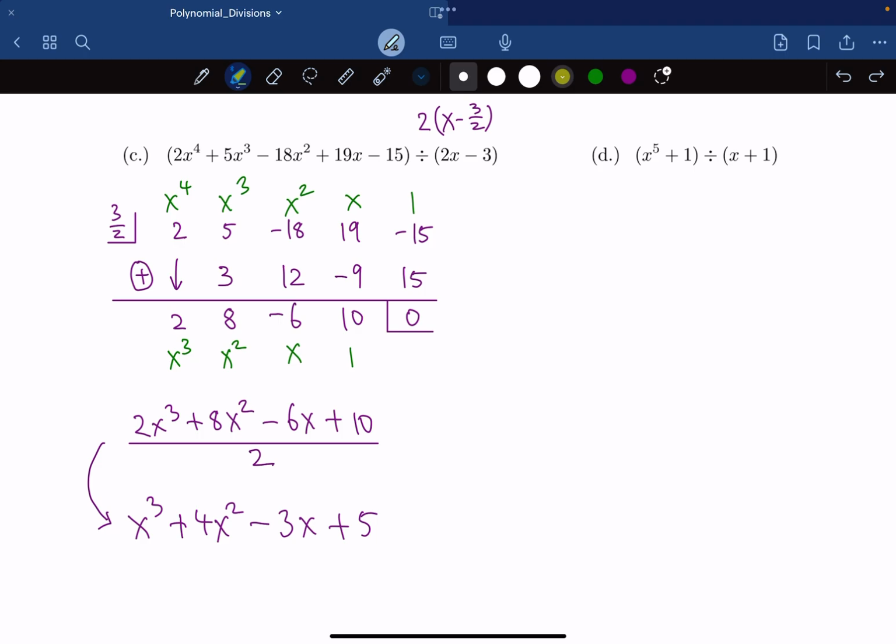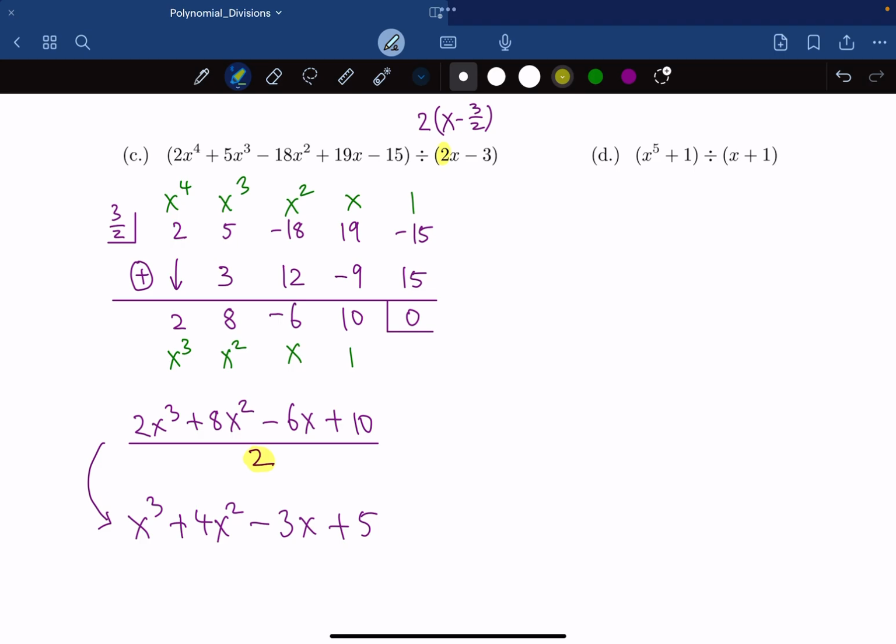So whatever answer we got, we have to divide it by the leading coefficient to get the actual answer of this division.